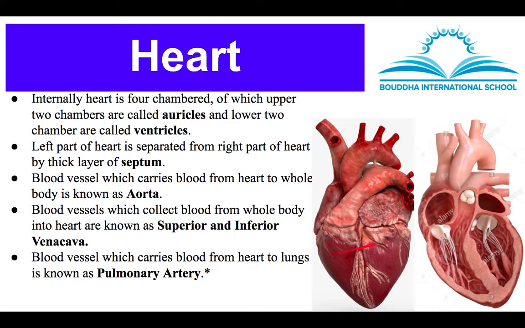And the blood vessel which carries the blood from the heart to the lungs for purification is the pulmonary artery. So this pulmonary artery will take the blood from the heart to the lungs for purification, for oxygenation. This artery is an exception because normally arteries carry pure blood, but this artery is carrying impure blood to the lungs for purification. That is why it is an exceptional artery.